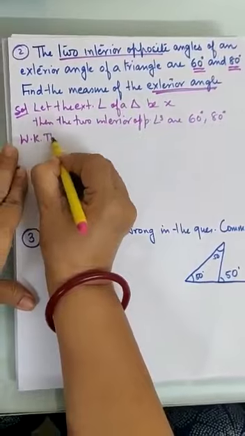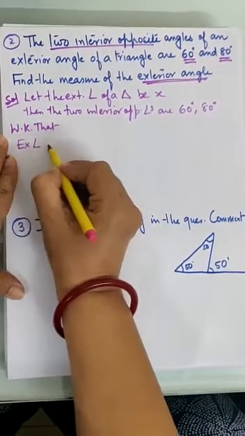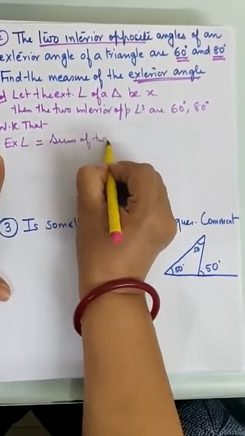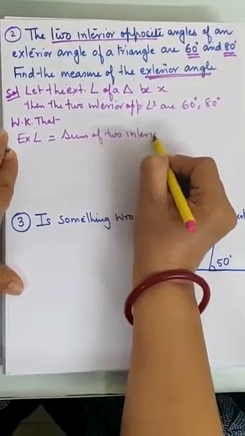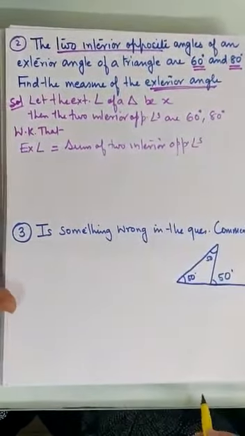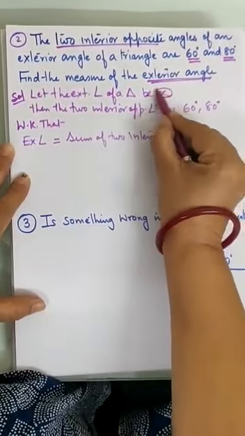Okay, what do we know? We know that the exterior angle of a triangle is equal to the sum of two interior opposite angles. Now what we had assumed for the exterior angle? x.